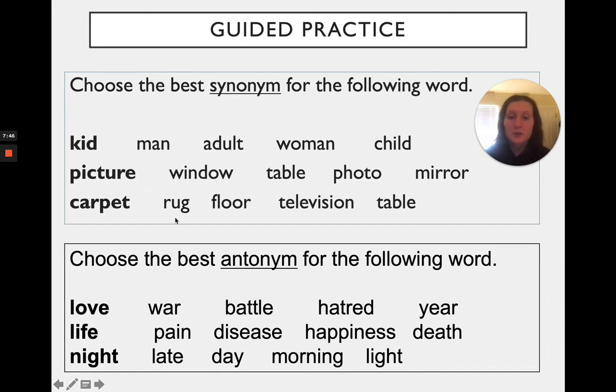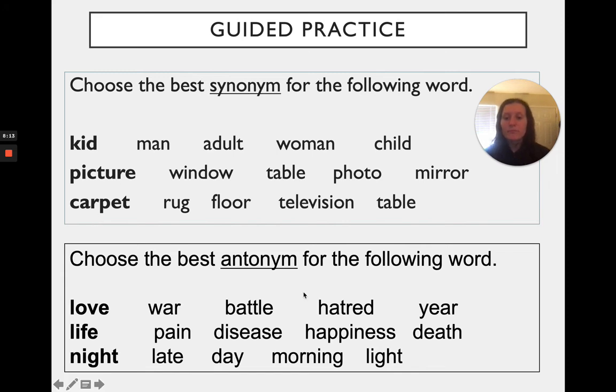This one's kind of a tricky one because we also could use the word rug because it is similar. We do put a rug on the floor and we do walk on it. We do sit on it like we do with the floor or carpet. So this one could be kind of tricky. We could use almost either one, but we would say floor and carpet would probably be the best synonym for carpet.